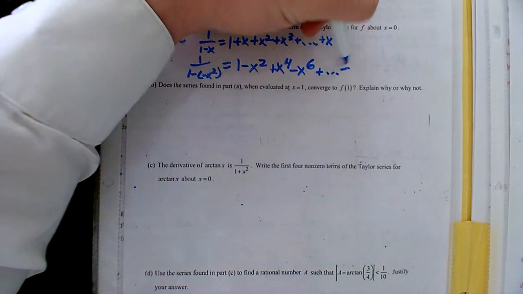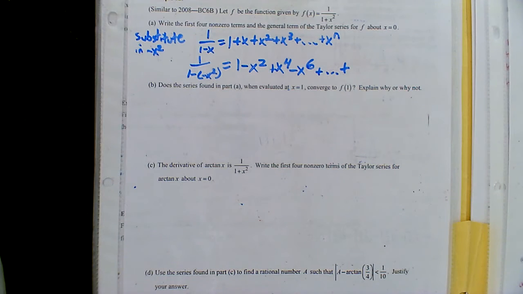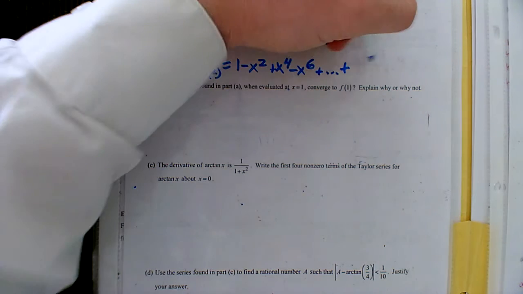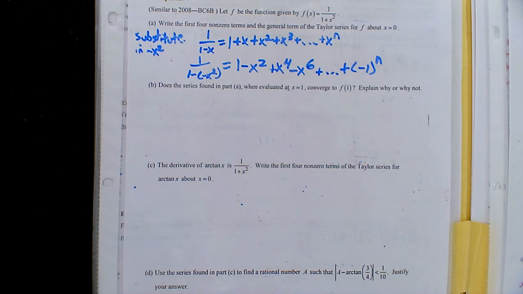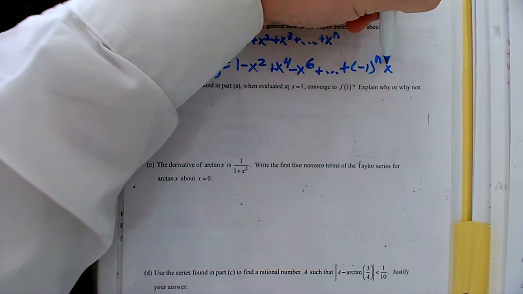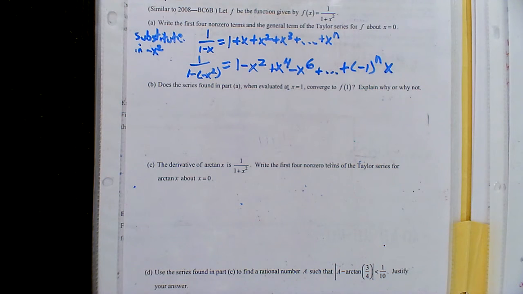Now we need the general term. Well, we can see what is obviously happening in this one. Alternating. So we know we have negative 1 to the n. It's alternating. We know we have x to some power. What is the power then?